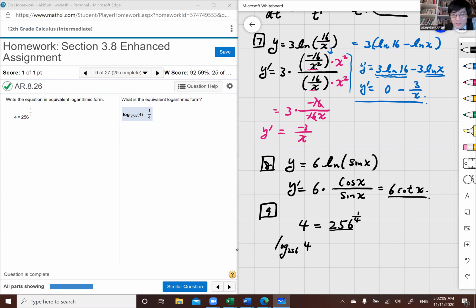Log base 256 of 4 is equal to log base 256 of 256 to the power of 1/4, which is the same thing as 1/4. So the final expression is log base 256 of 4 is equal to 1/4.